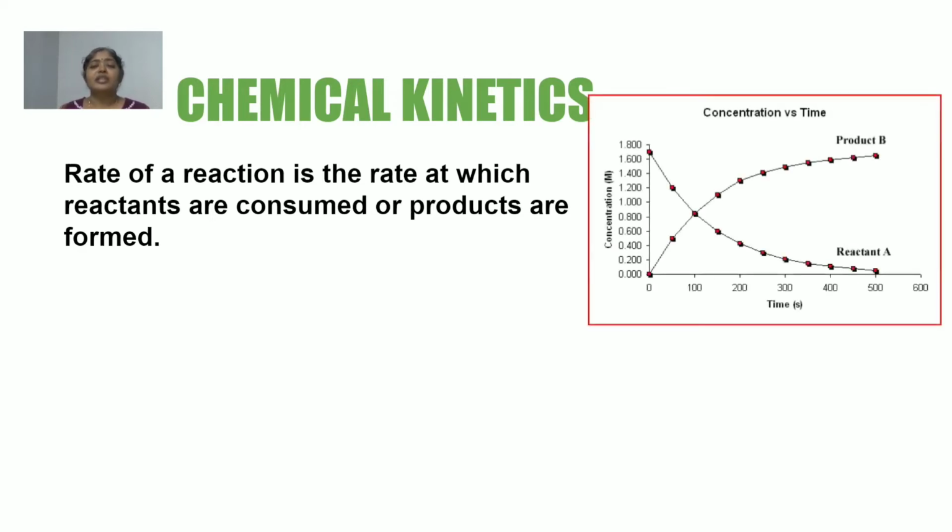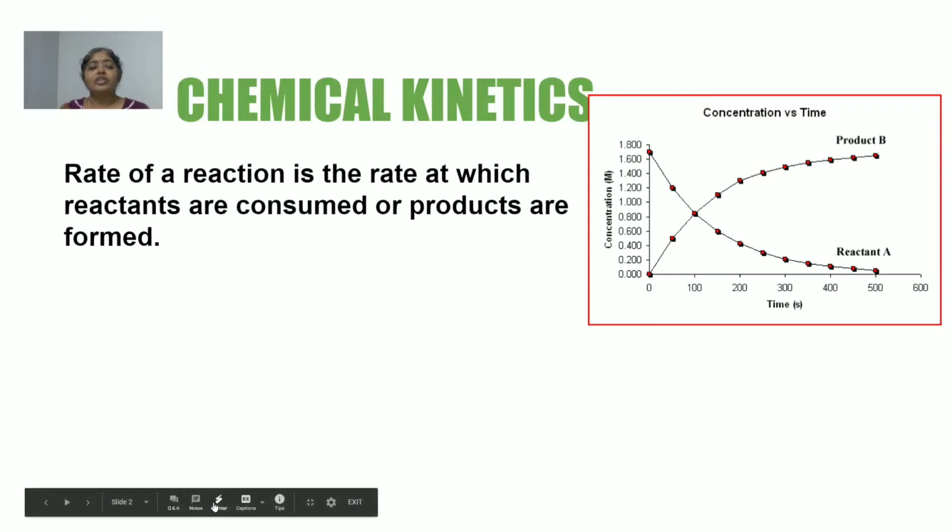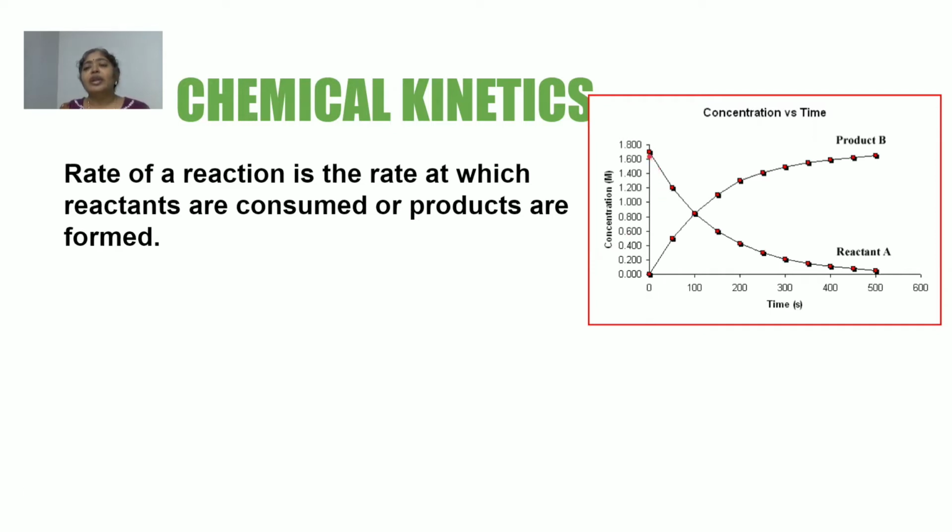So as you can see in this graph here, this is a plot of concentration versus time. So this concentration can be of reactants as well as of products. So this particular curve indicates that at time 0, the concentration of the reactants is high. Okay, so this curve will show me the change in concentration with respect to time for the reactants.